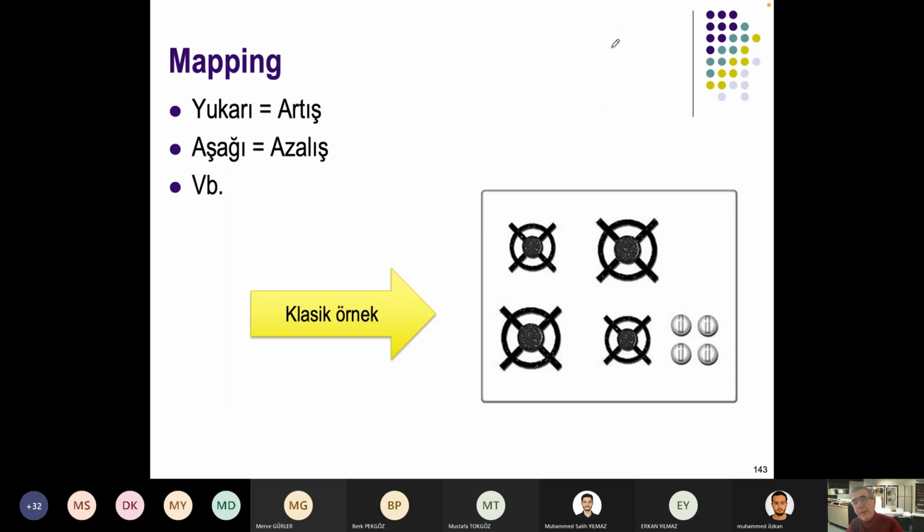Second thing is the mapping. Most student houses have these kinds of vertical arrangements, or front ones.